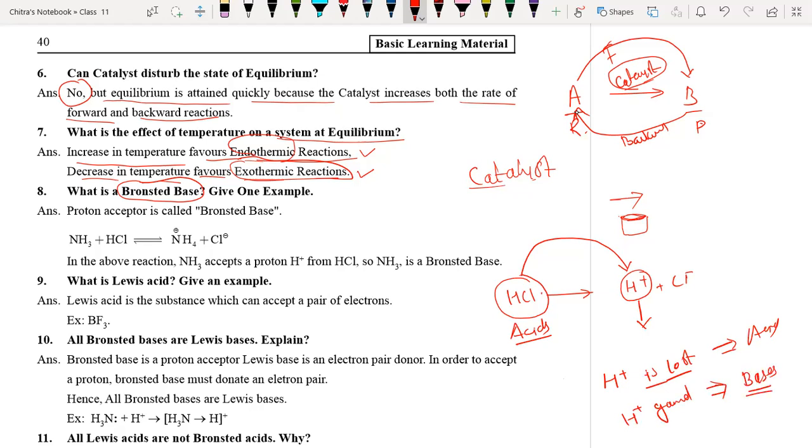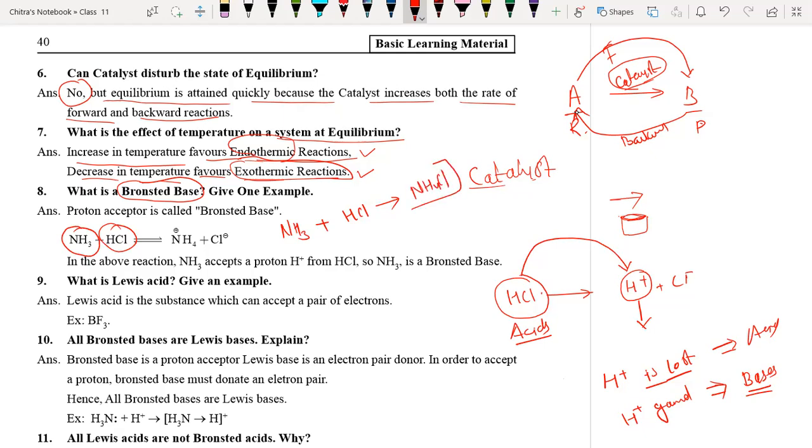Beta, bases. You can see here ammonia reacts with hydrochloric acid. I'm writing the reaction over here. When ammonia, NH3, ammonia gas, reacts with hydrogen chloride, HCl, it gives NH4Cl.